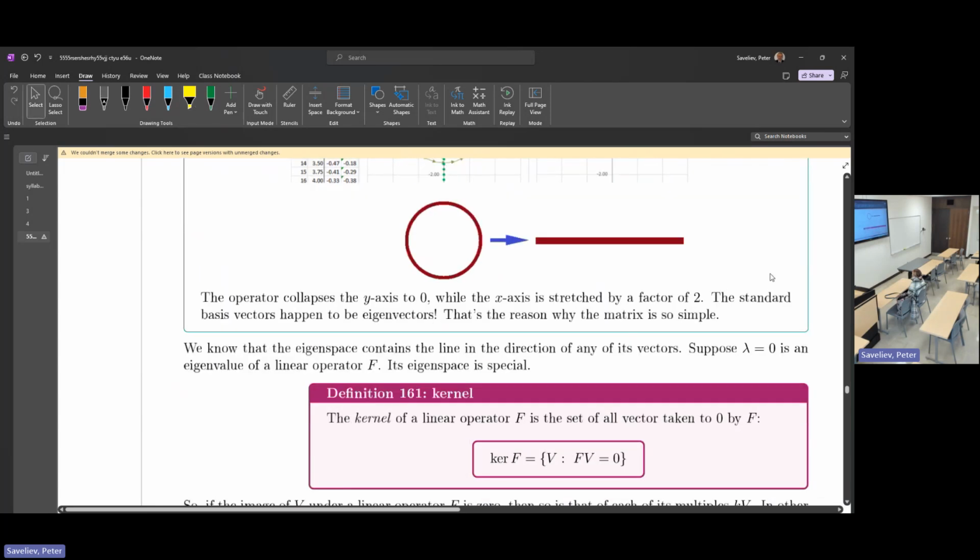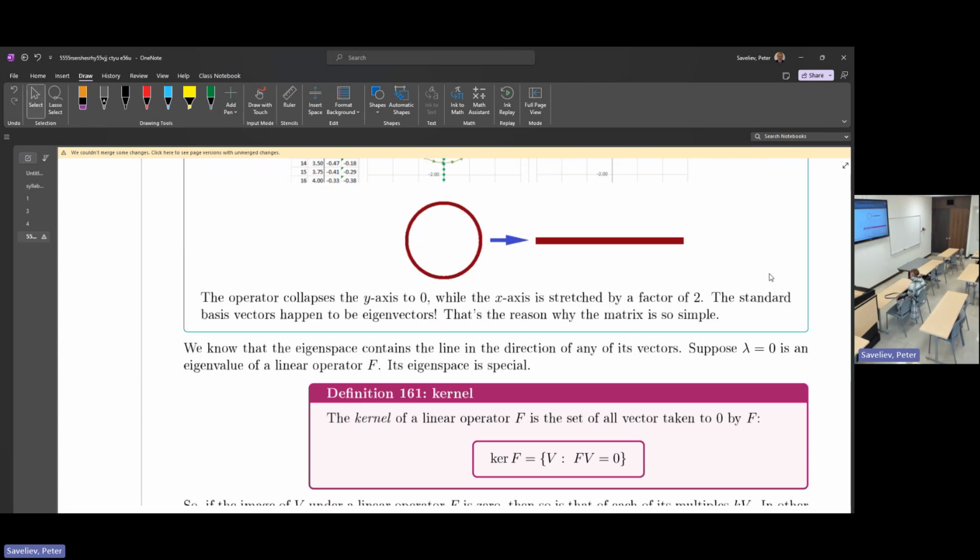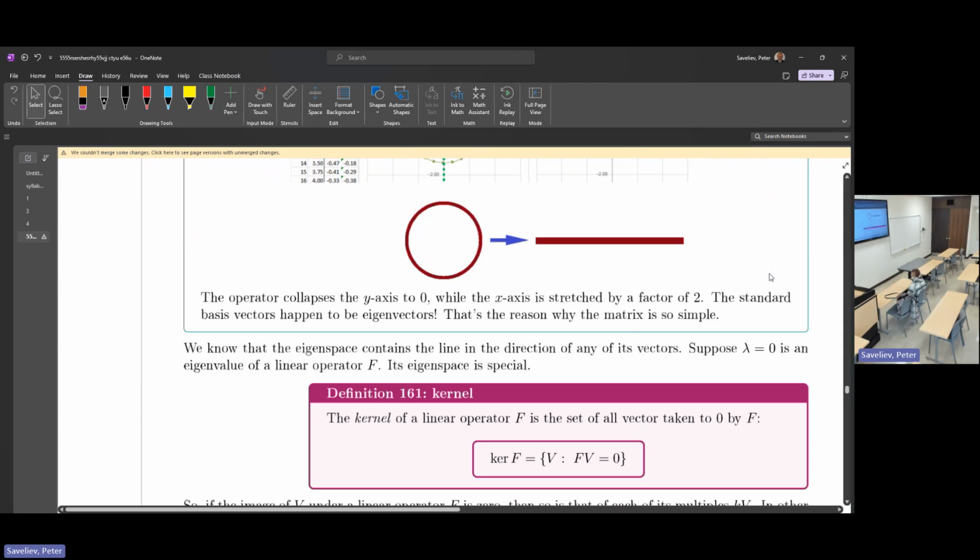This is really a crucial idea that we did not discuss, even though it did come up a little bit. It is about projections, and the kernel of a linear operator is simply all the vectors that go to 0. In other words, it is the eigenspace of 0.